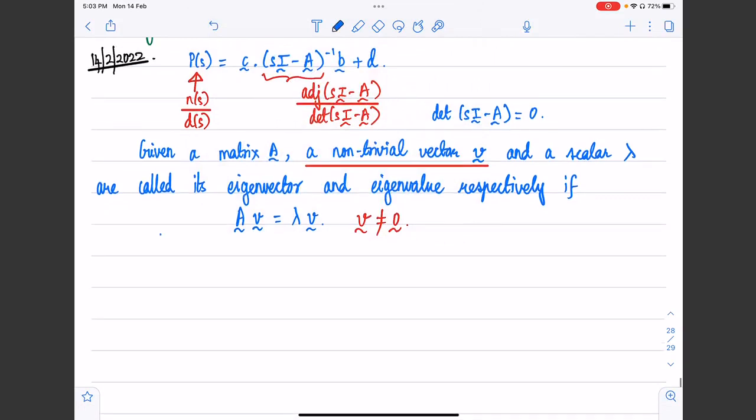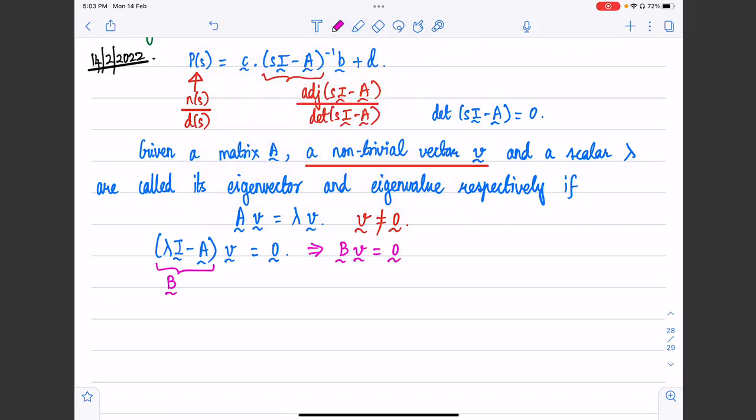If we rearrange this, we get (lambda I minus A) times v equal to 0. If I call this some matrix B, this implies that the matrix B multiplying the vector v is equal to 0.